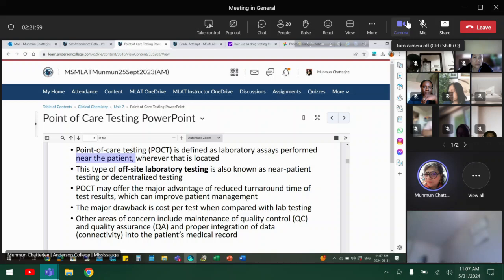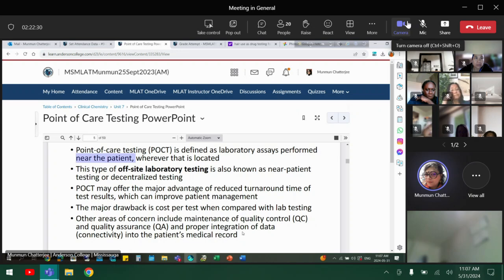You are getting the result immediately. The major drawback is cost per test compared with lab testing. Other areas of concern include maintenance of quality control, quality assurance, proper integration of data, and connectivity to the patient medical record. Because it's a handheld instrument, it's not connected with the LIS system, so you have to enter the data.